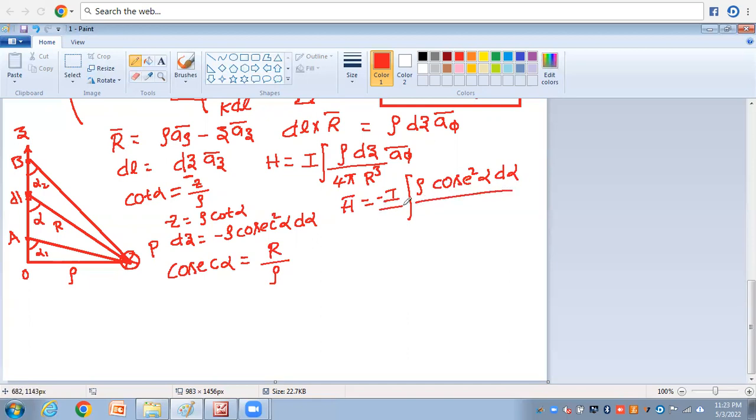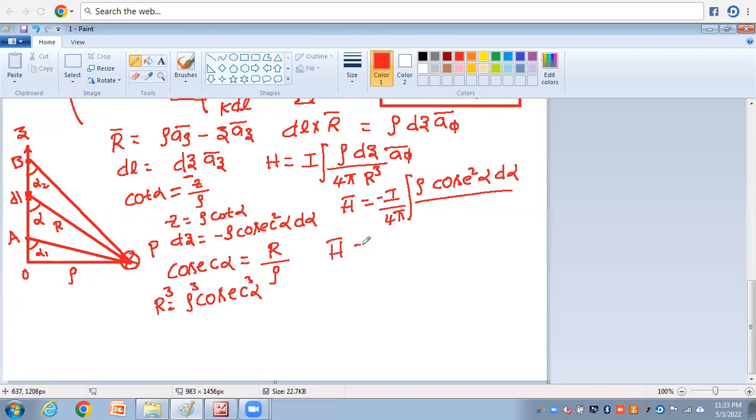Then 4 pi is common, 4 pi is constant. Now this is r cube. What is the meaning of r cube? r equal to rho into cosec alpha, so r cube is rho cube cosecant cube alpha.